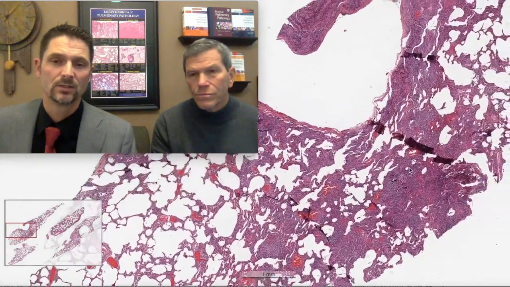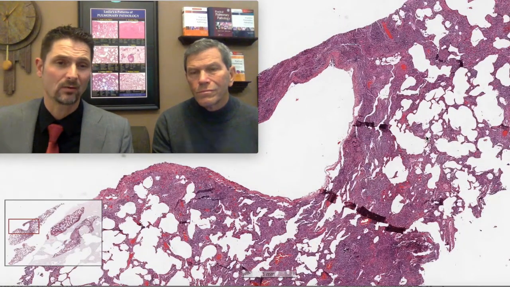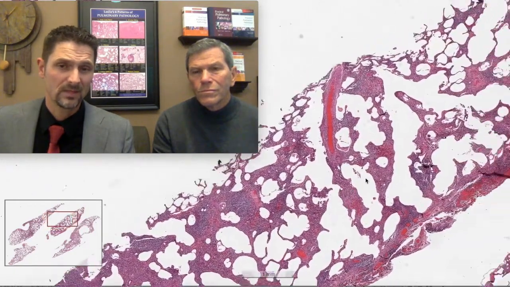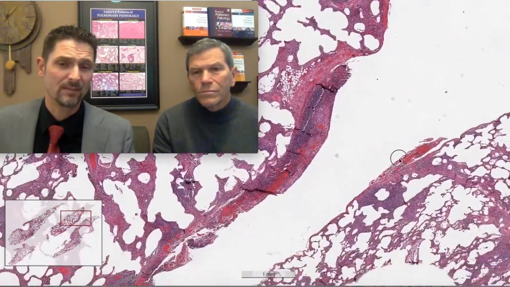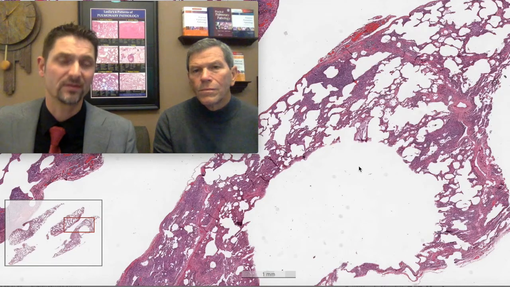Exactly. So now we're going to get to the real important part, and that's correlating with the clinical history and the imaging studies. Remember, it's a young female. The imaging studies are described as innumerable, bilateral, thin-walled cysts with a little bit of ground glass opacity in the background.